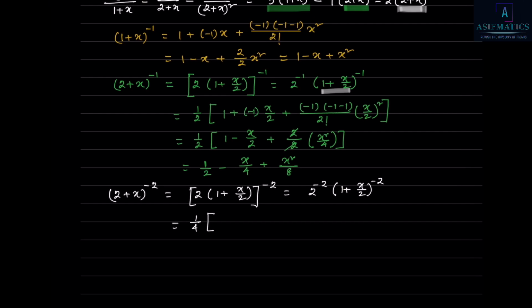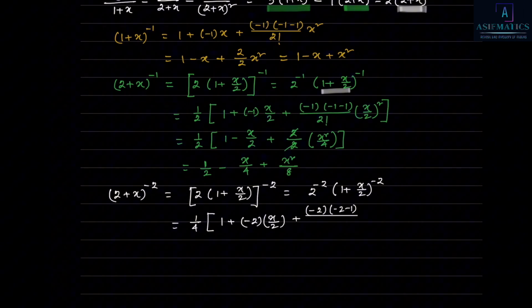And inside the expansion we can write 1 plus nx, that is minus 2 into x by 2, plus n minus 1 divided by factorial 2 into x by 2 whole square.